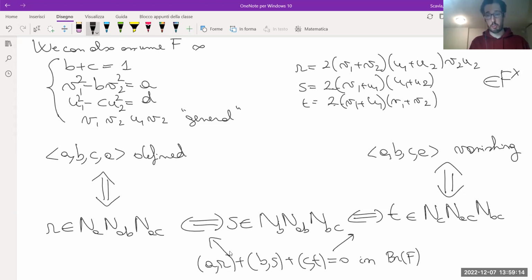The fact that they're 0 is just a computation, a nice computation once you figure out the correct definition of these, and it's not difficult. The equivalences that I'm pointing to with these two arrows follow basically formally from this identity. So the fact that R is in these norms if and only if S is, if and only if T is, is a formal consequence of this identity.